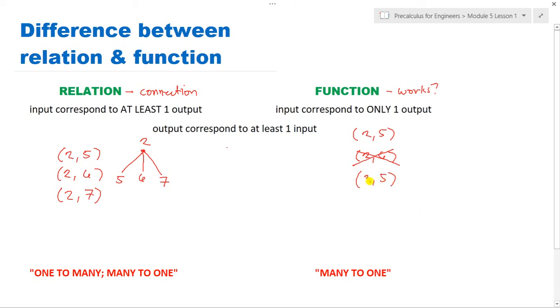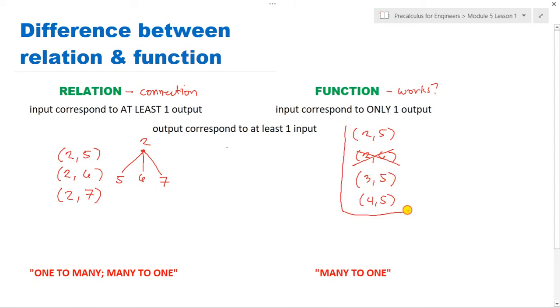Why? Because you have another, a unique input. So as I have told you, class, you have a unique input for every output. So here we have 2 and 5, 3 and 5, and then we have 4 and 5. So here, these are all functions.